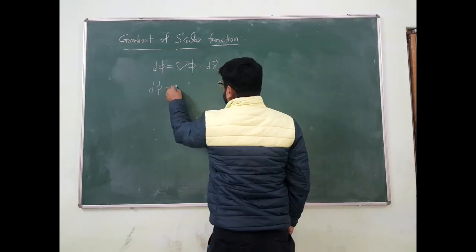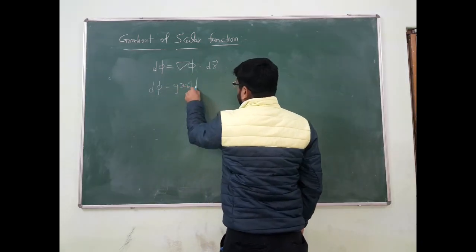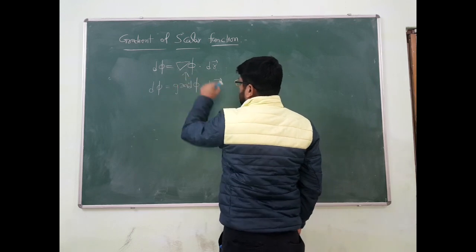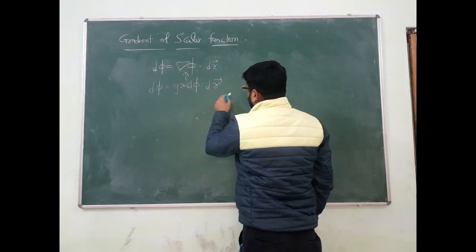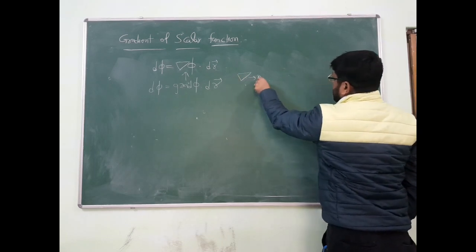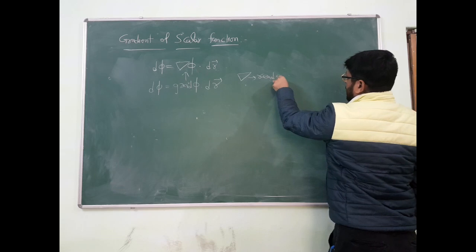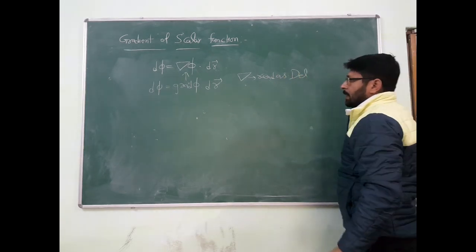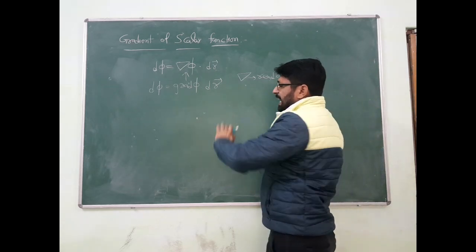This grad phi dot dr, where grad phi is nothing but del phi. This reverse triangle symbol is read as del, which means gradient.